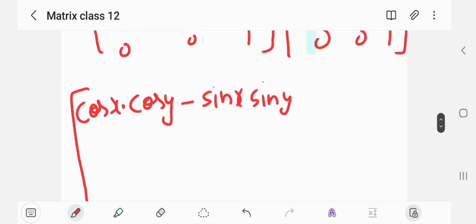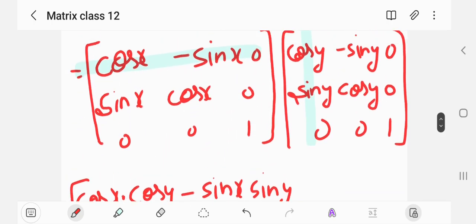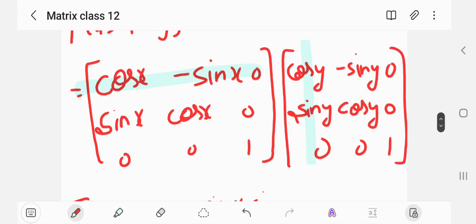I think there is very little space here, so let's see. When I multiply this row with this column, what will I get?